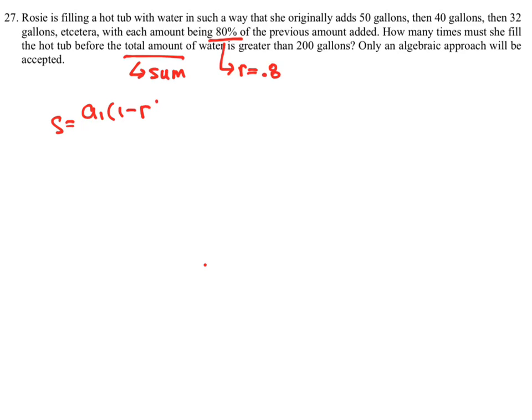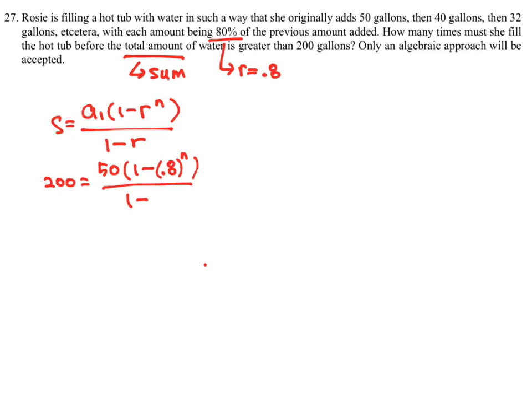So I'm going to write up the formula first of the sum, just like the previous case. And what if we set the equation equal to 200? As you can see over here, a sub 1 was 50 because that was the first bucket, equals, and r equals 0.8, so that's how we completed the equation.